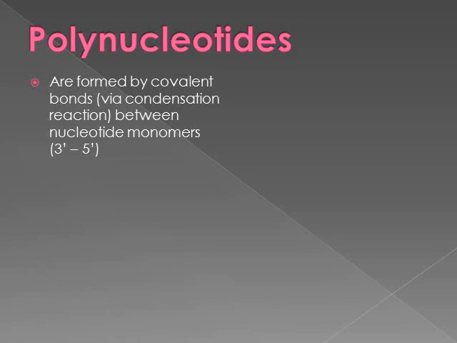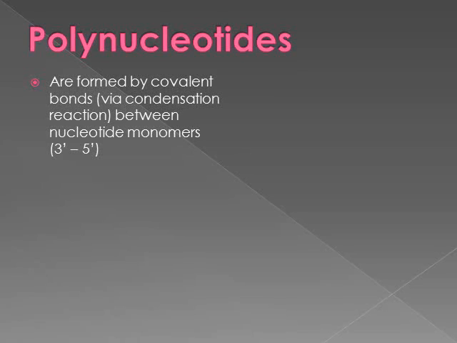Polynucleotides in general, so if we're taking one monomer unit, attaching it to another and another to form RNA or DNA, those strands are formed by covalently bonding the monomer units together. And we are basically bonding the 3' carbon of one sugar to the 5' of another sugar through a phosphate group.